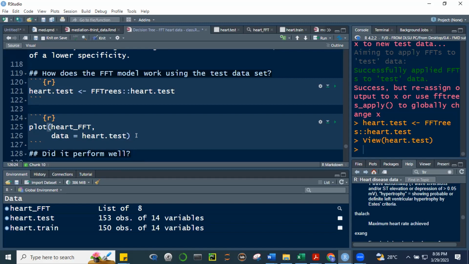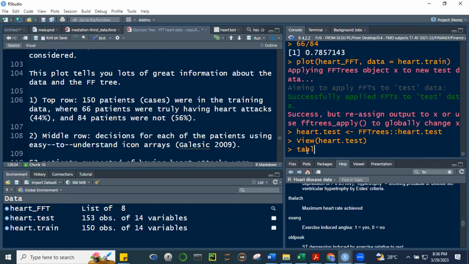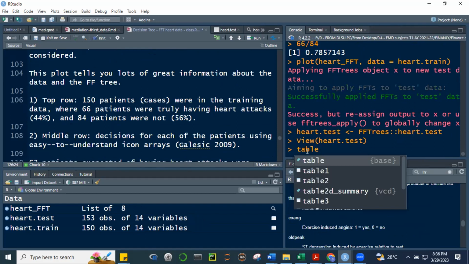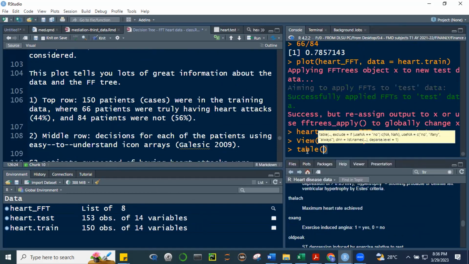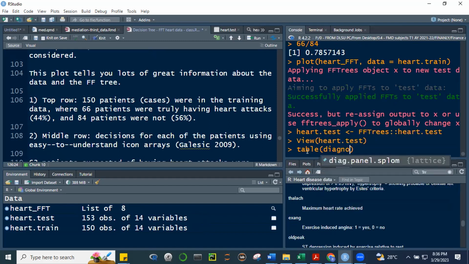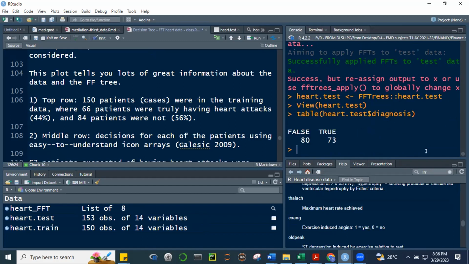Which has more... how many was it again? Table, okay, let me get the diagnosis from heart dot test. The diagnosis variable, let's create the table.